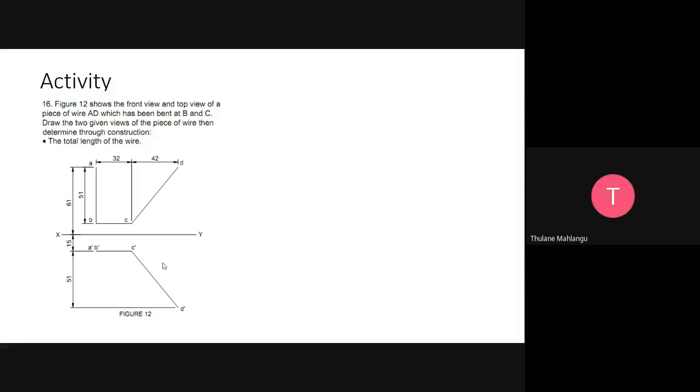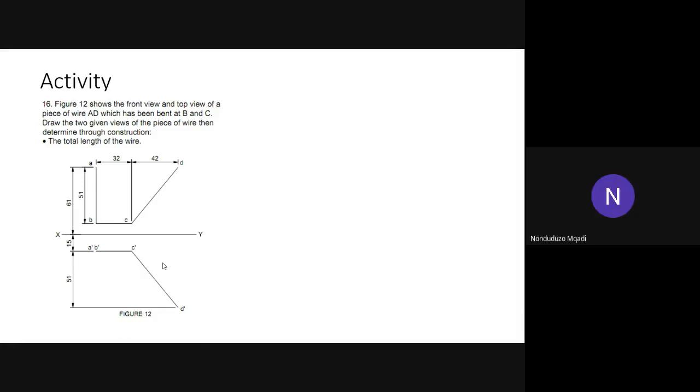So since BC was only parallel to the XY in the front view, you see the distance from B to C in the front view, that one is still parallel to the XY.